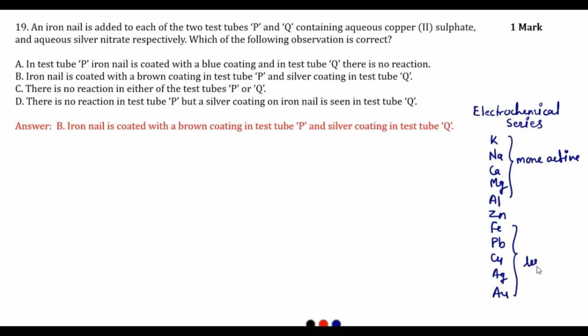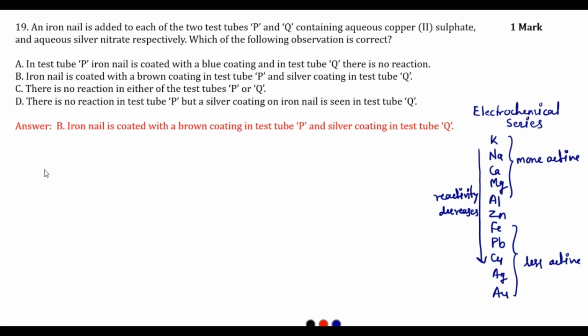So here I'll write less active. As we go down, the activity or reactivity decreases. This series is called the electrochemical series. By using this series we can answer this question.